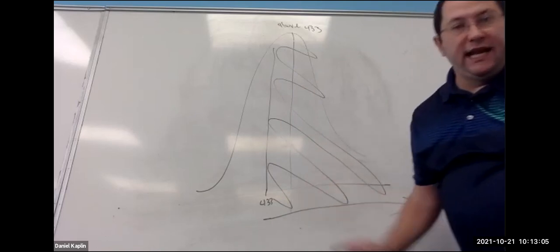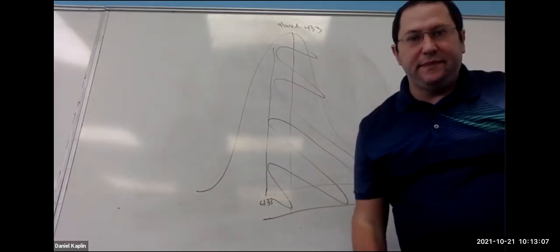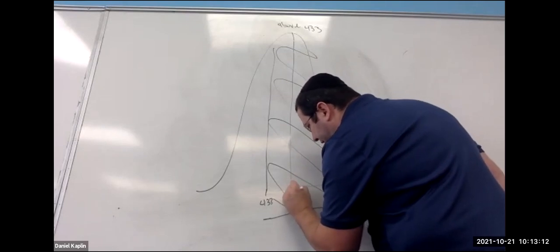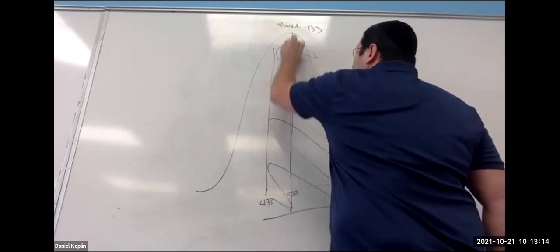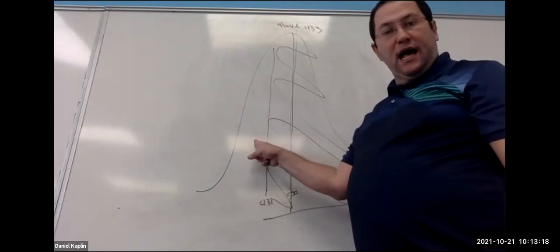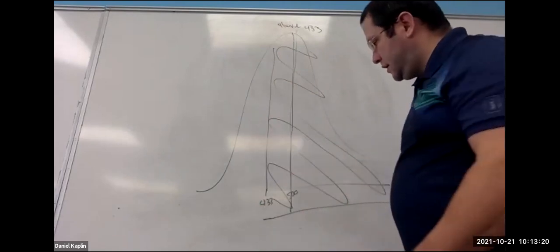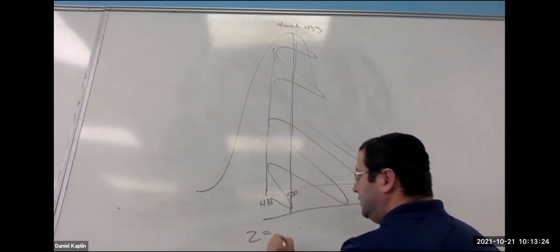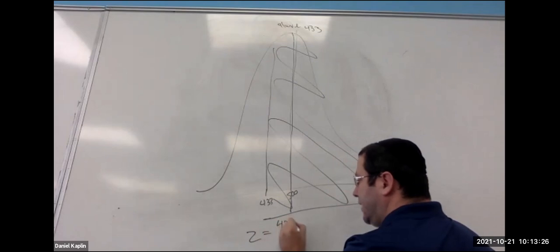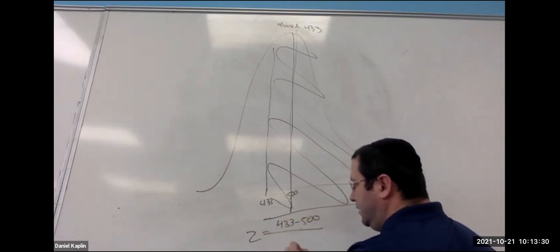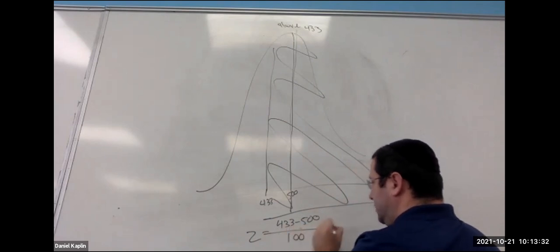Now, if you see the shading crosses the midline, doesn't it, right? Because here's the midline with 500, right? Now, I have to plot it, drew my bell curve, now I have to calculate. So z-score is 433 minus 500 divided by 100.